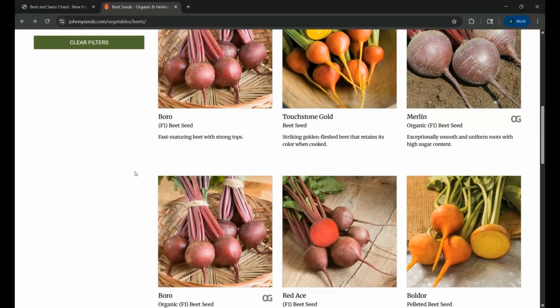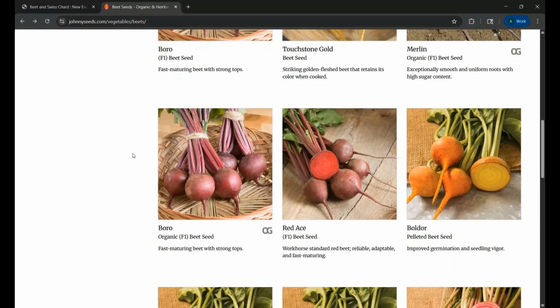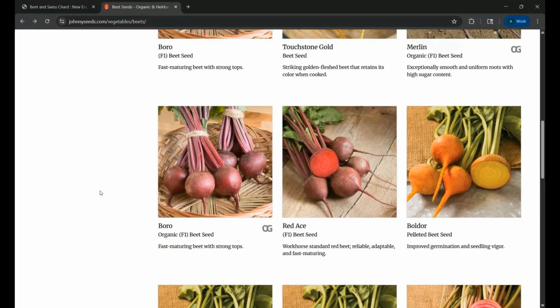F1 is specific to seeds that are the offspring of a hybrid cross, so a really controlled cross. The folks who are looking for the F1 seeds are looking for reproducibility, uniform roots. If you are growing commercially, you're looking for that from a harvesting point of view. If you're a home grower, that doesn't really matter as much. It depends on how you look at it.